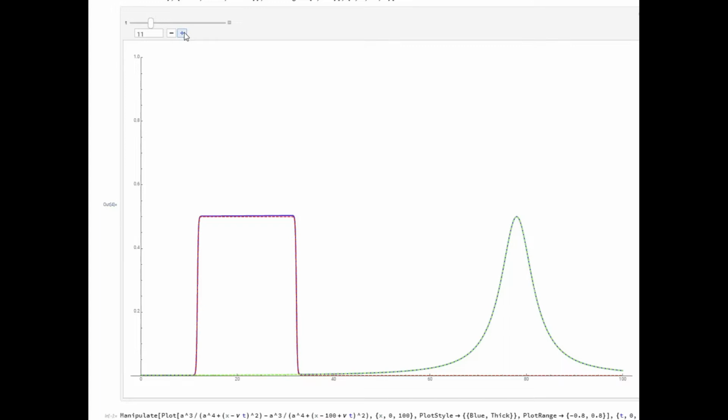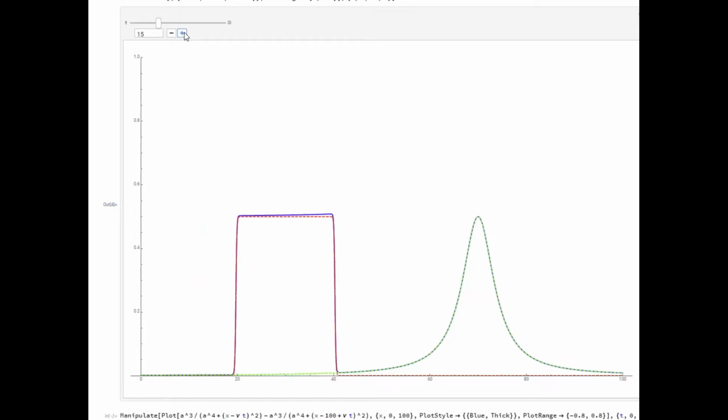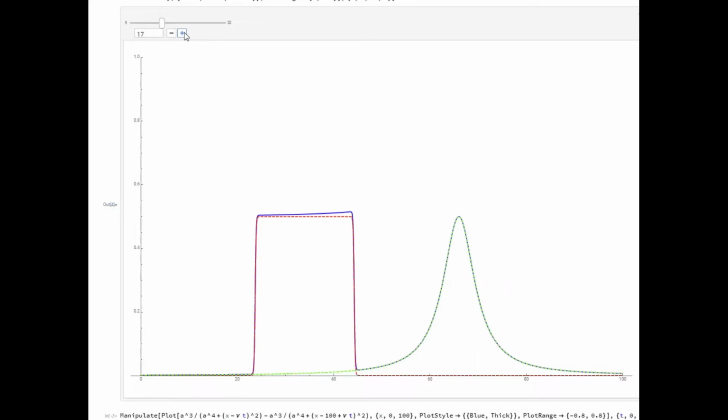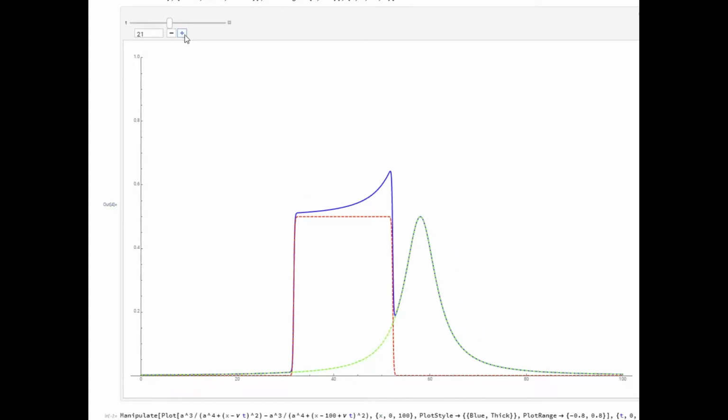So before they overlap in space, nothing interesting happens. They're just moving along. Now they're just starting to interact. See how the blue is the actual result, what a string would actually be doing. So hopefully you're seeing what's happening here.